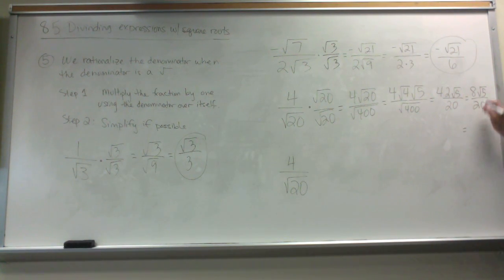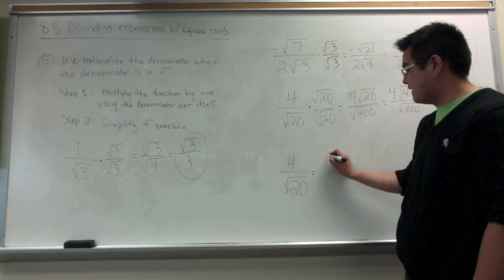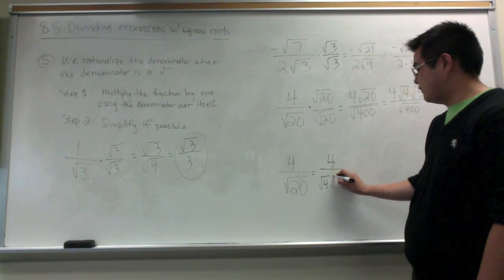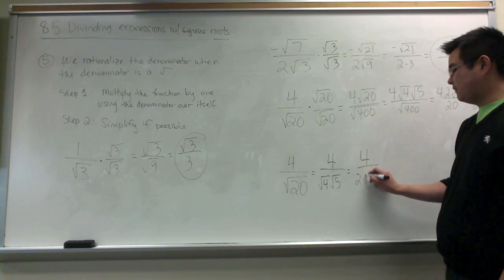And then we need to simplify the fraction. 2 goes into both. I have 4 root 5 over 10. And simplify one more time, 2 root 5 over 5. So the other way that we can do this is we can actually simplify first the root 20 to root 4 and root 5, and I'll get 4 over 2 root 5.